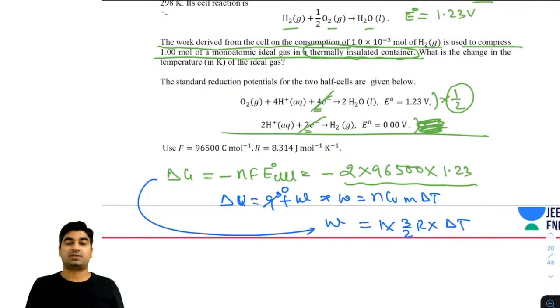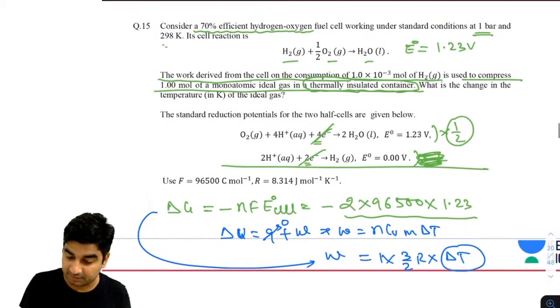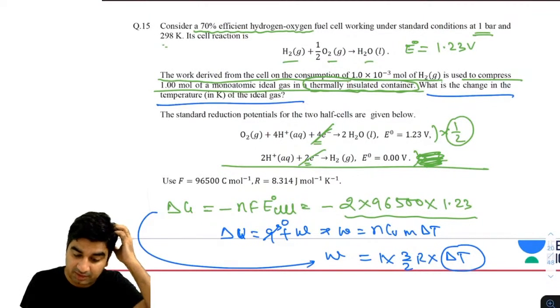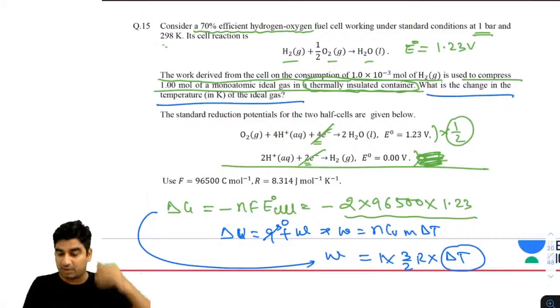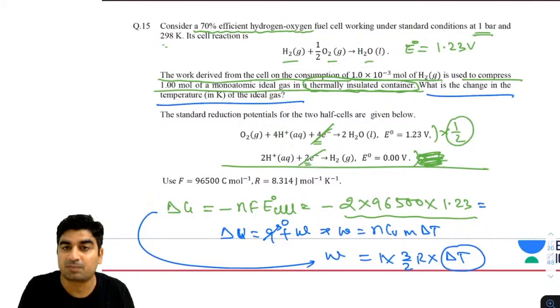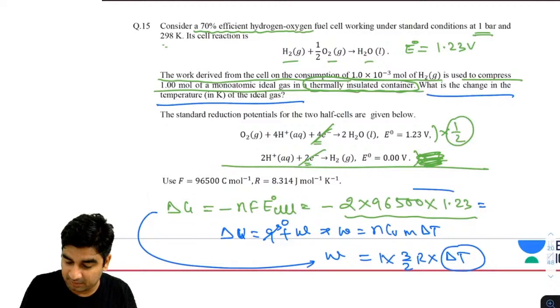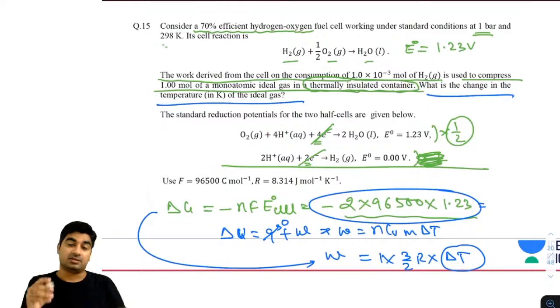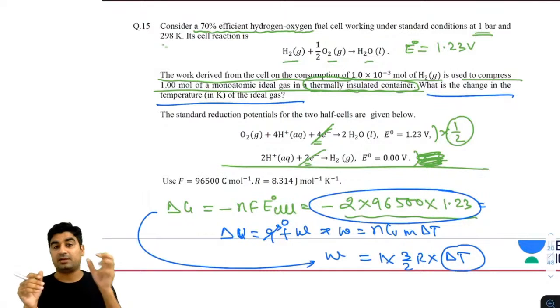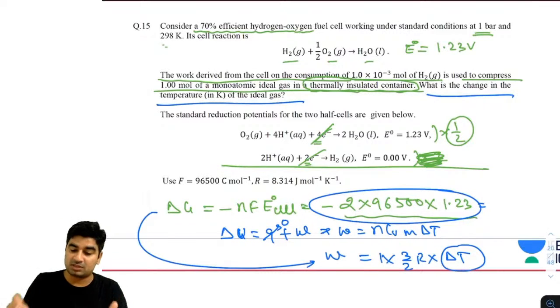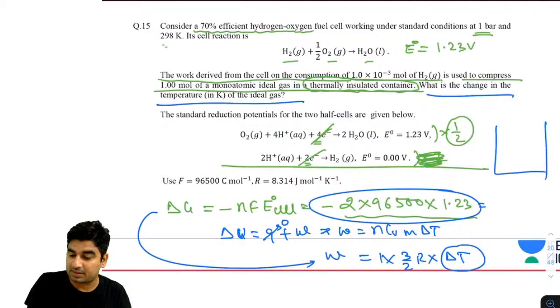So there will be a temperature change here. Now they are asking what is the change in the temperature of the ideal gas. Yes guys, tell me. Here you will be getting some negative value, whatever the value is. Negative means this amount of energy is available from the cell, and now the same amount of energy is being used to compress that gas.